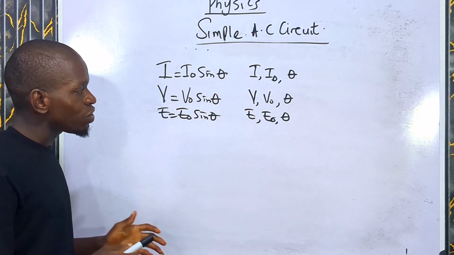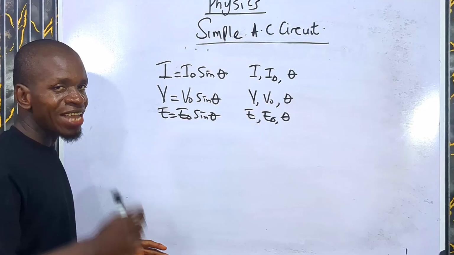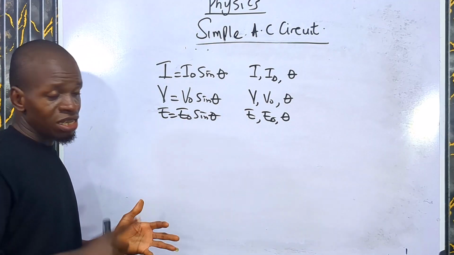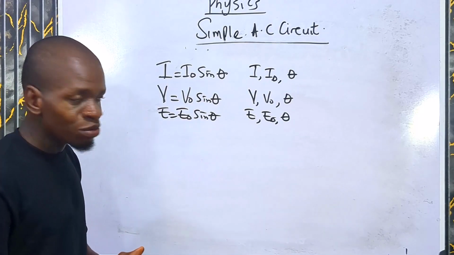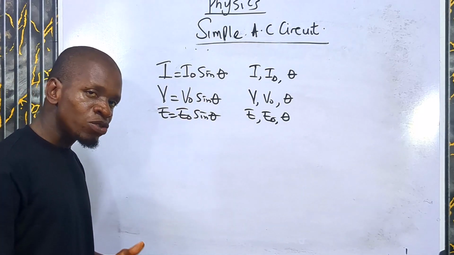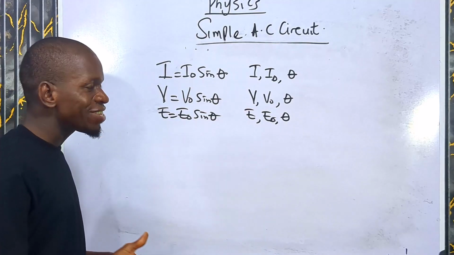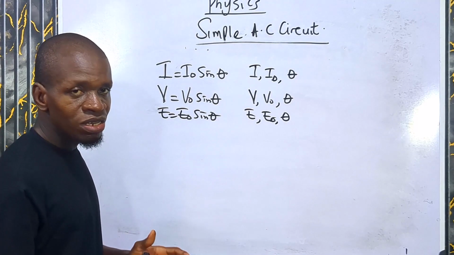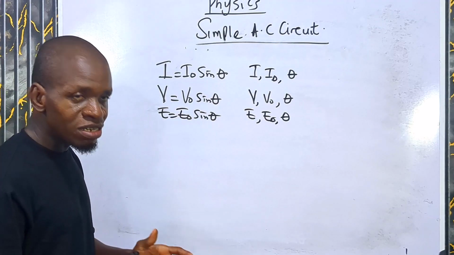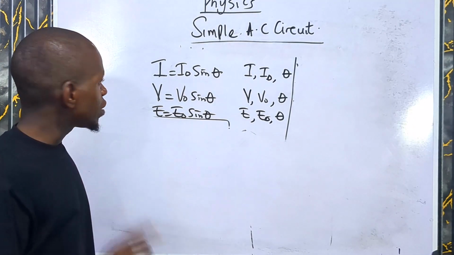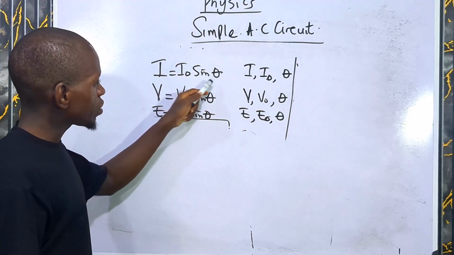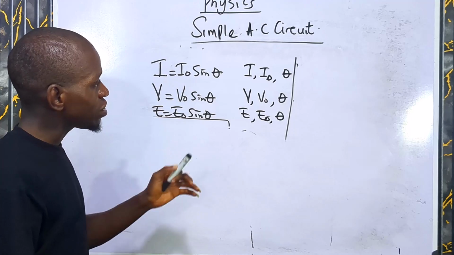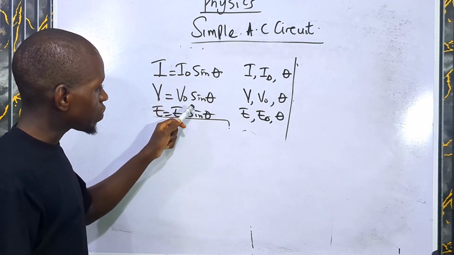Most of the questions you're going to see under instantaneous either have a phase angle or ask for phase angle, or have frequency or ask for frequency, or have period or ask for period. These are the three things that we normally see under instantaneous value. Apart from the one that has your peak value and phase angle, this is not the only formula for instantaneous value, whether of current or of voltage.